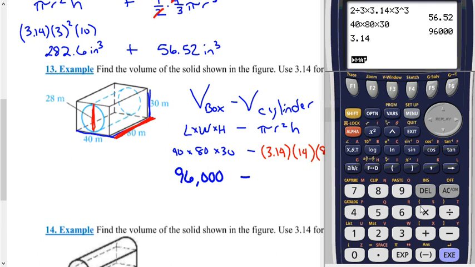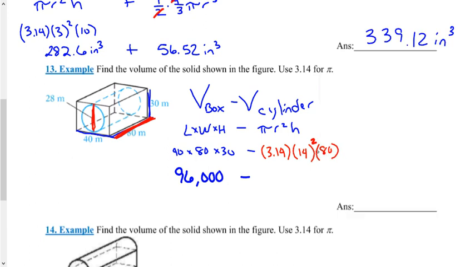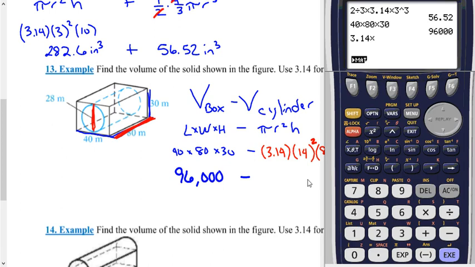That's pi. Oops, I forgot my square down here, didn't I? So let's put a little square right here. So we have pi r squared h. I bet you thought I was going to forget that, huh? Pi times 14 squared. Wouldn't be the first time I forgot something. Times 80 times the height.